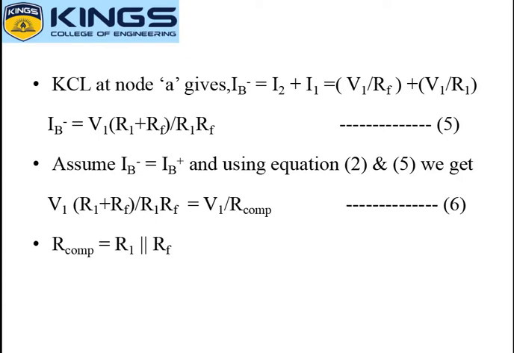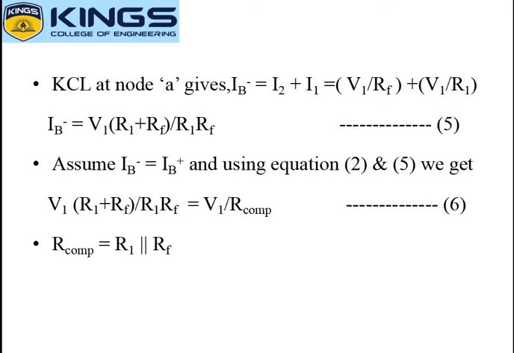Assuming IB minus equal to IB plus, and using equations 2 and 5, we get V1 into R1 plus RF divided by R1 into RF equal to V1 divided by RCOM. So, RCOM equal to R1 RF divided by R1 plus RF, equal to R1 parallel RF.